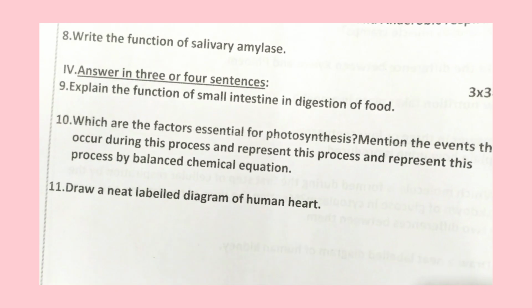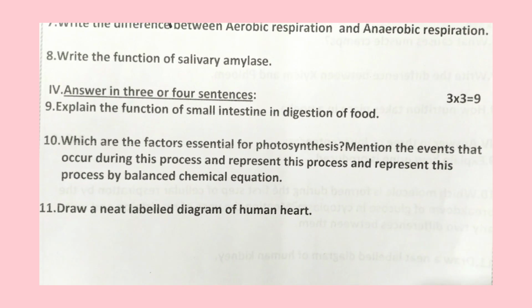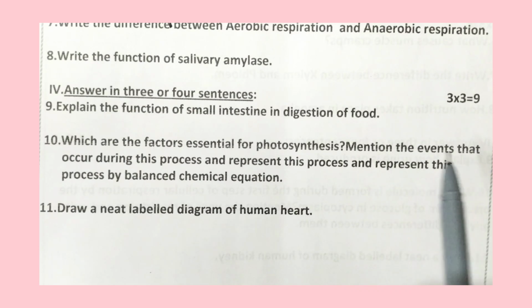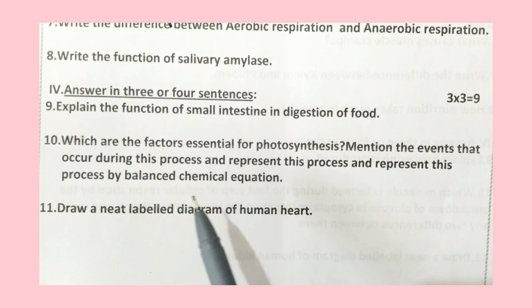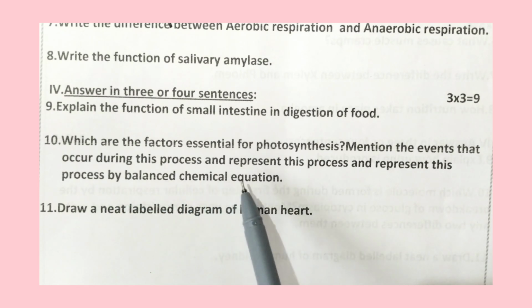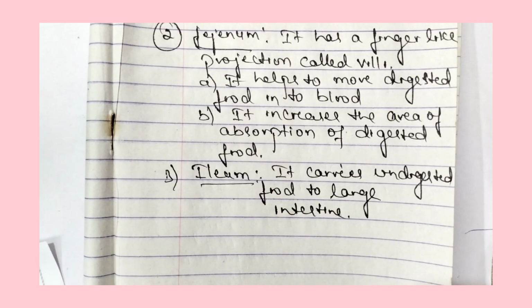Now let us move to the 10th question. Which are the factors essential for photosynthesis? Mention the events that occur during this process and represent this process by a balanced chemical equation. So let us answer this question now.